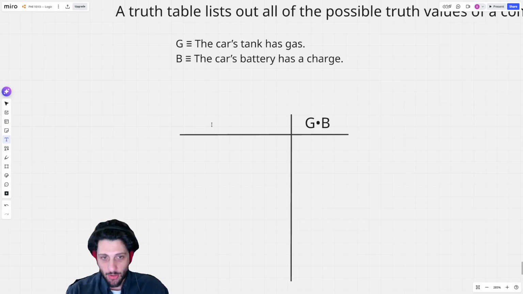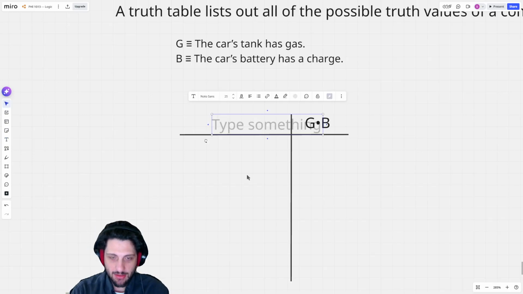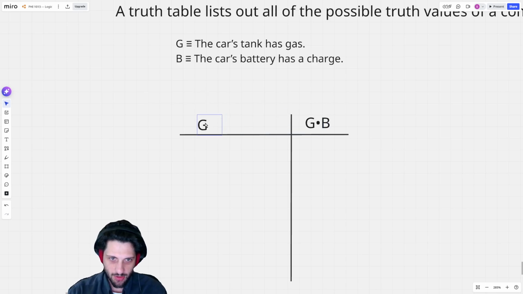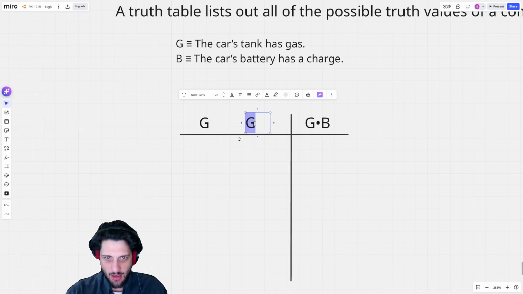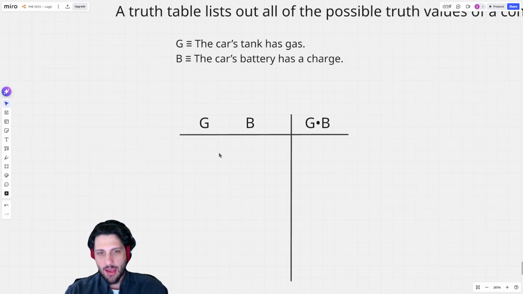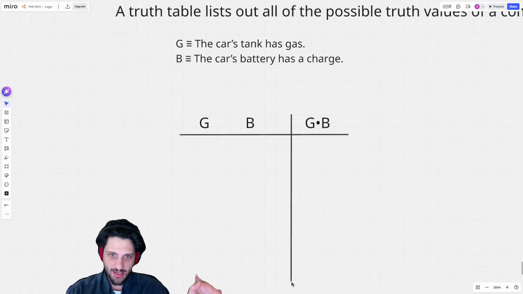By that I mean, over here on the left, I'm going to put what we're going to think of as two different columns for my two different atomic statements. And you've seen I've already put this solid line down and this other line down.